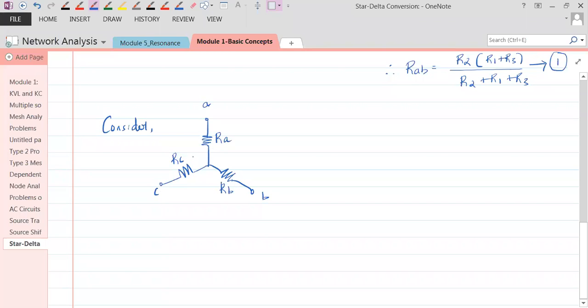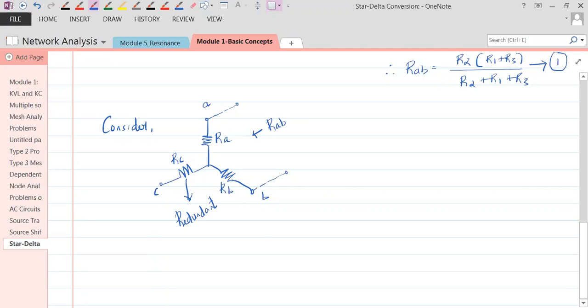Now, between these two, you need the resistance across terminals AB. So what would happen to this C then? This C is redundant.